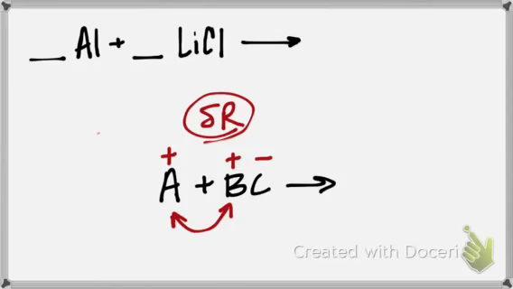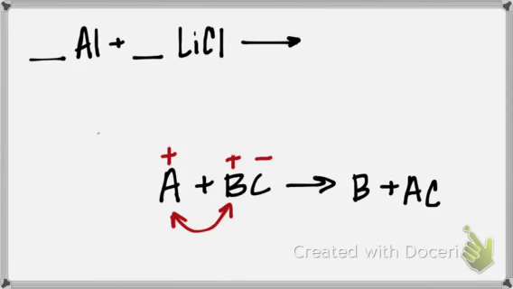Your cations switch. So now I've got B out on its own, and now I have a new compound of AC. That's what's going to happen in this reaction. One thing gets replaced. That's why it's a single replacement.